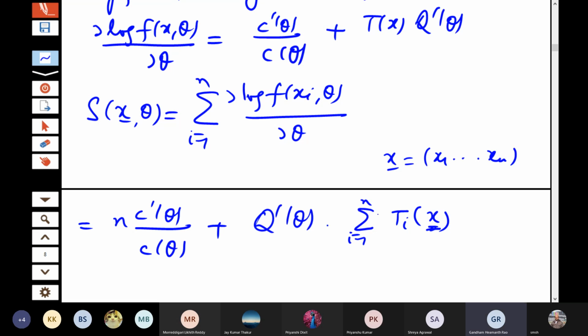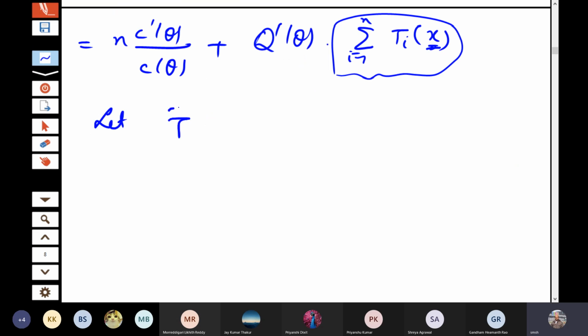Yes, sir. Now you see this S(x; theta) is a linear function of sigma t(x_i). So either I consider sigma t(x_i) or I consider 1 by n sigma t(x_i). So what happens? Which functions will have their RCLB attained? That means linear functions of the mean of the t_i's.